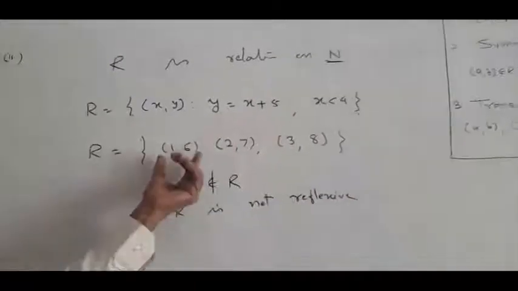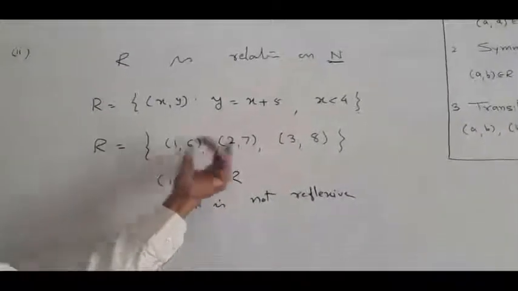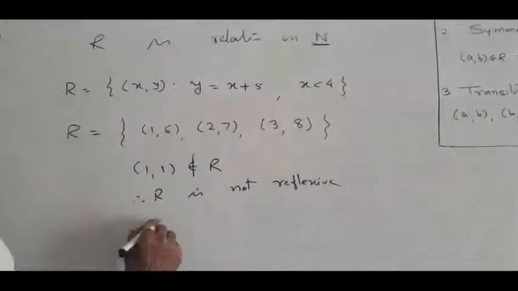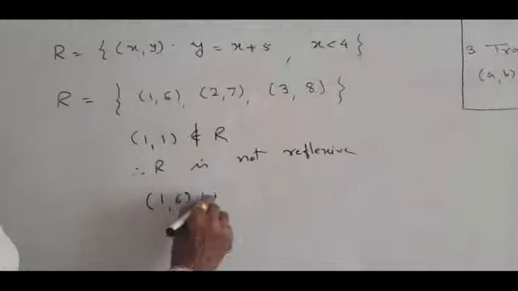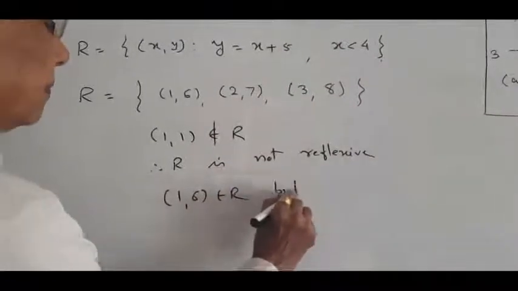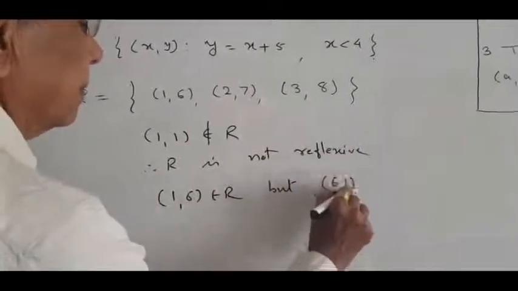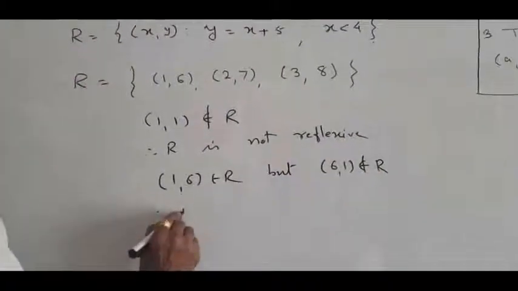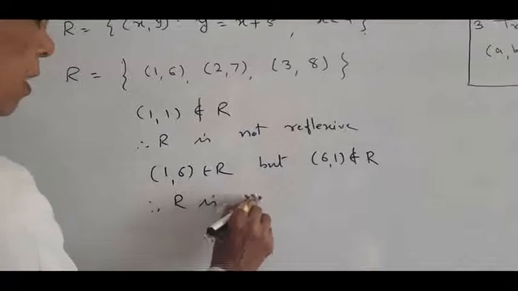Here (1, 6) belongs to R, but (6, 1) does not belong to R. Therefore, R is not symmetric.